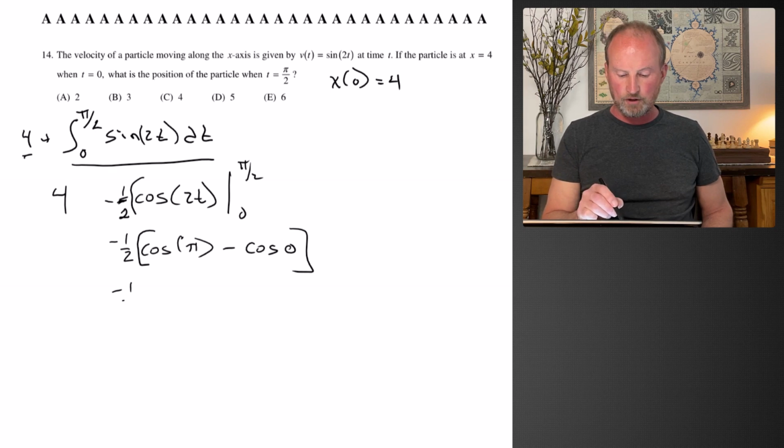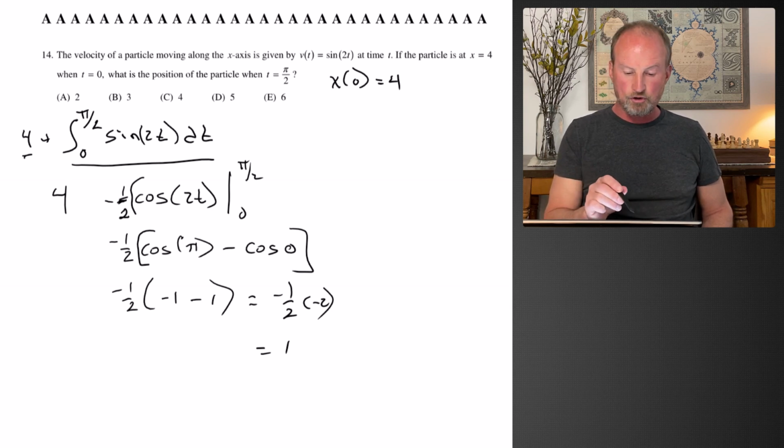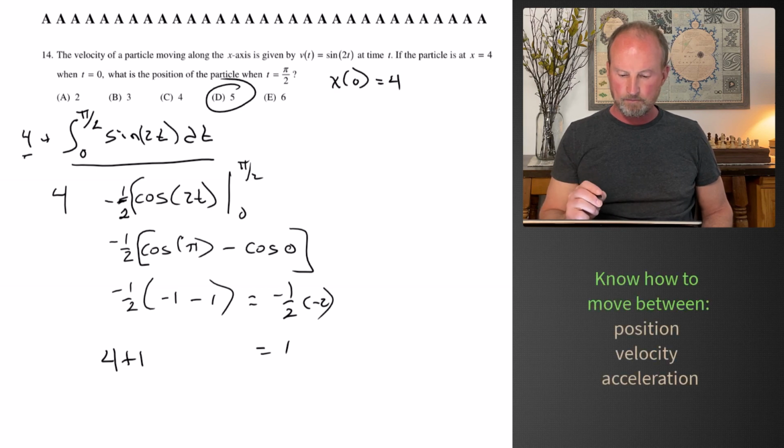So negative 1/2 stays negative 1/2. Cosine of pi is a negative 1. Cosine of 0 is a positive 1. This becomes a negative 1/2 times a negative 2, which is equal to a positive 1. Now, that was just the integral, and I have this 4 plus 1 still sitting there, so my answer is letter D, 5.